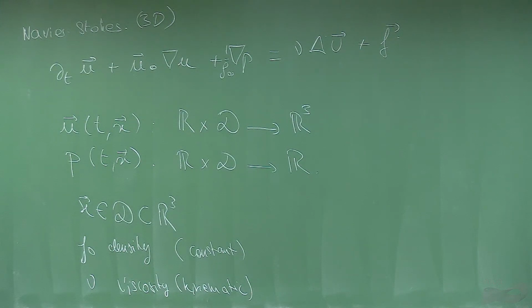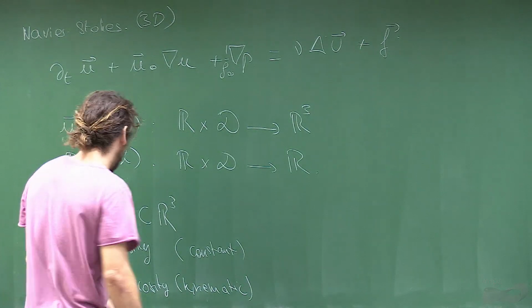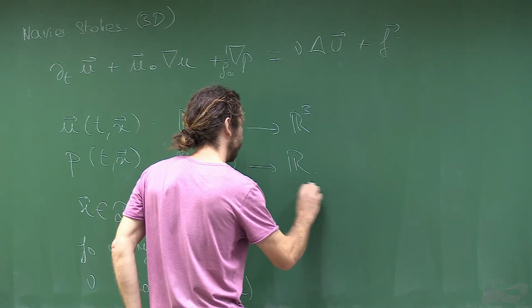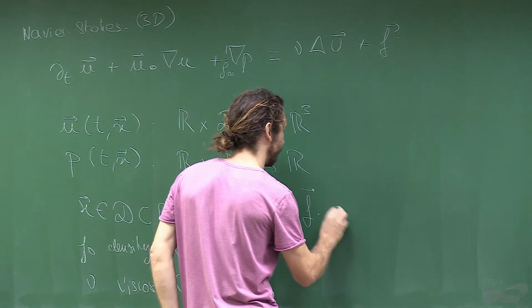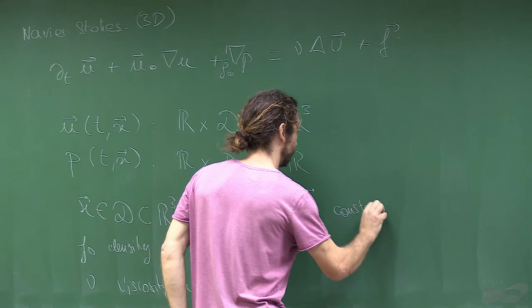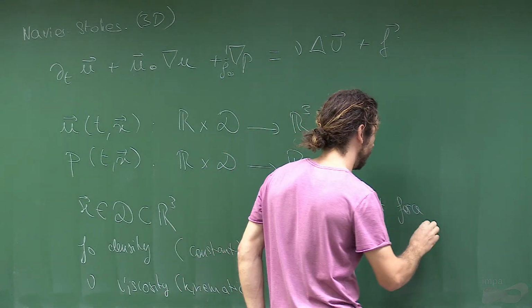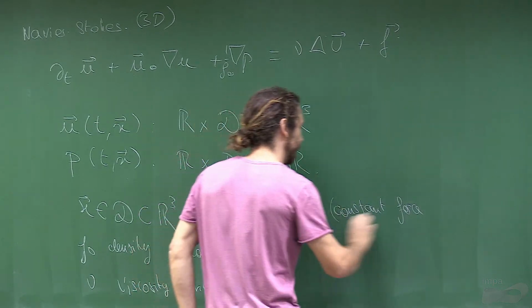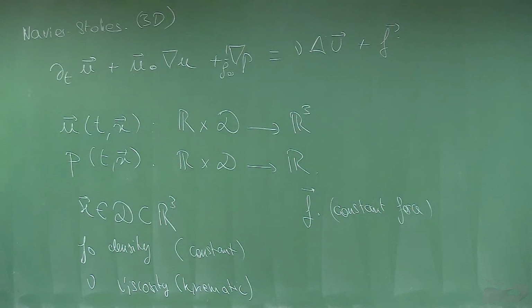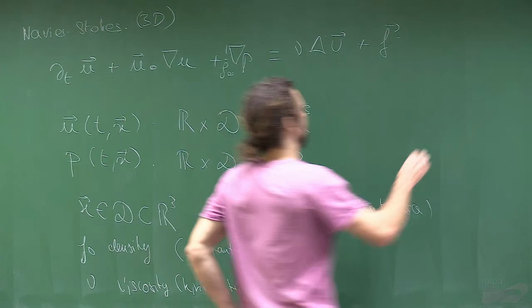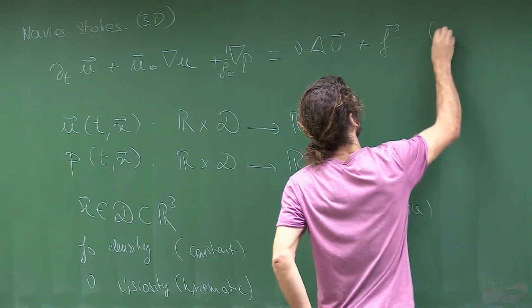And as far as we're concerned, we can think of F as a constant force, or essentially constant. Could not be very important. And so this is the first equation. This equation here basically expresses the conservation of momentum.